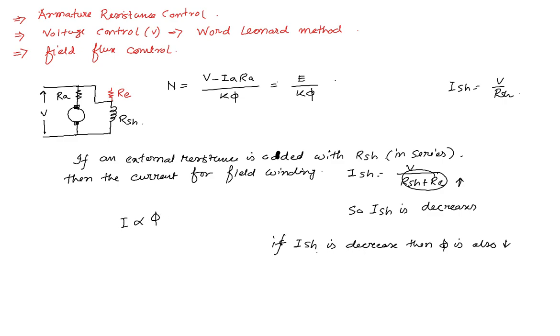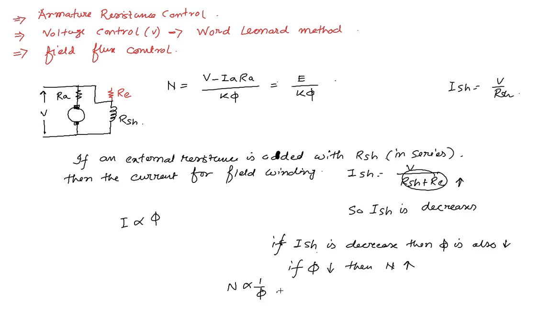And if phi decreases, then speed N increases because N is inversely proportional to phi. Okay, so our motto is to decrease the ISH so that phi is decreased, and if phi is decreased, then the speed is increased. So this is the entire thing about the speed control.